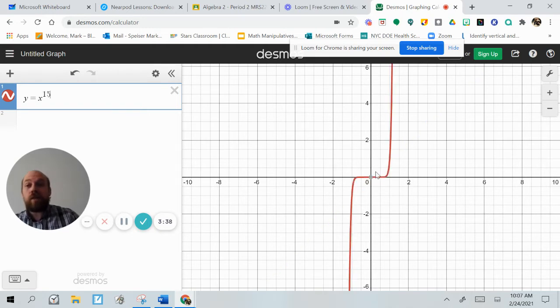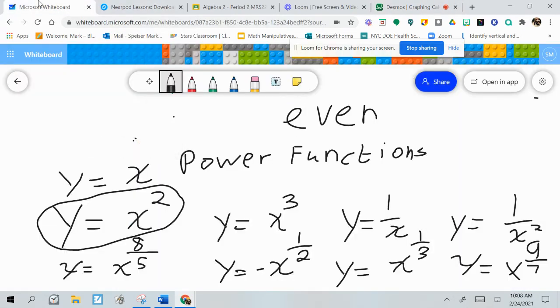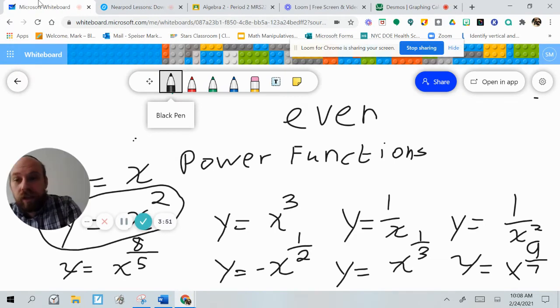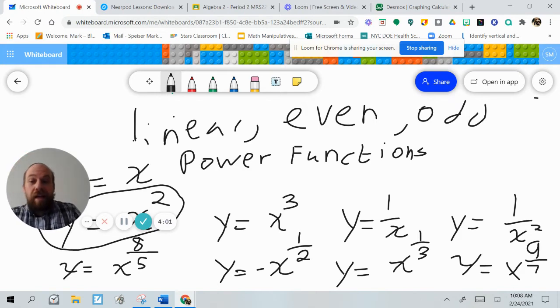The only exception is the odd power of 1, which we mentioned before, was linear. The first 3 types of power functions are linear, even, and odd.